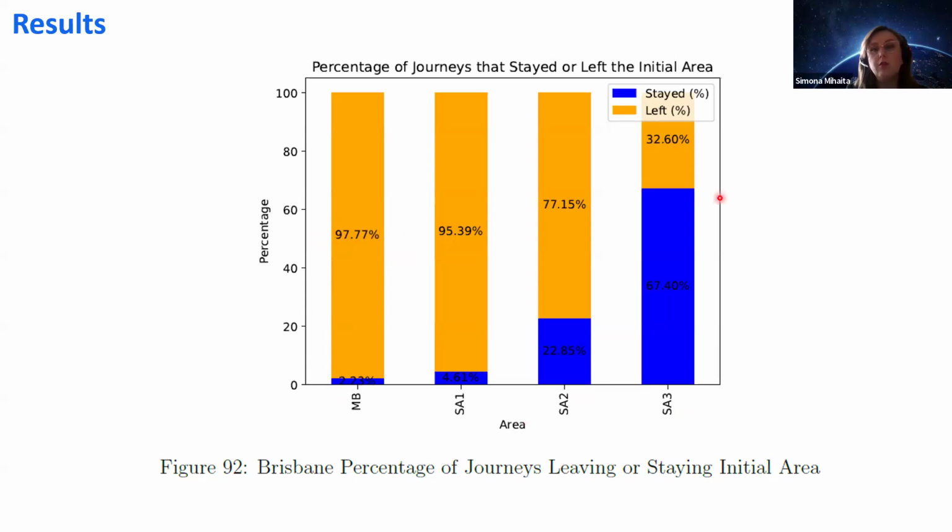However, if you choose to do the analysis at SA3 level, which means larger areas, only 32% leave that area. So it's pretty normal. I think councils need to look at what areas they can make adjustments in, based on their desire to influence the utilization of these modes of transportation.